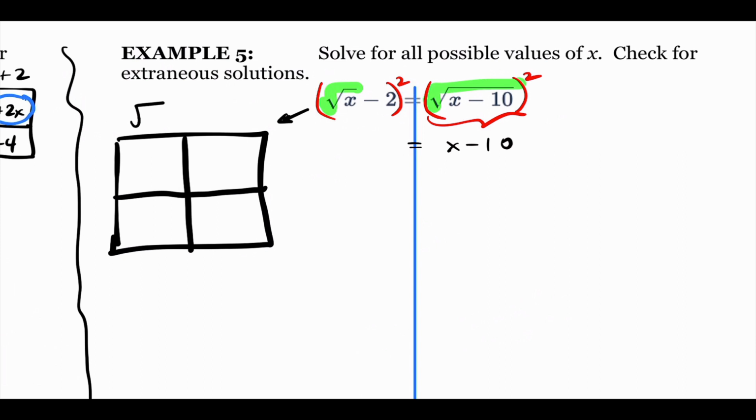Okay, so you're going to have the square root of x minus 2 and the square root of x minus 2. We've done this before. So I get the square root of x times the square root of x. What is the square root of x times the square root of x?